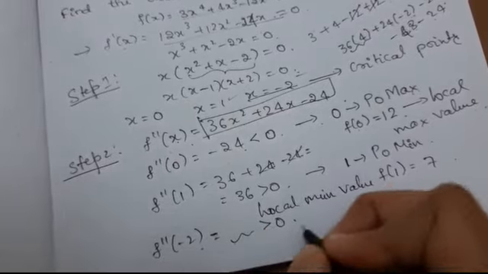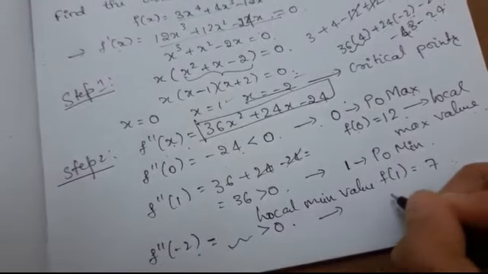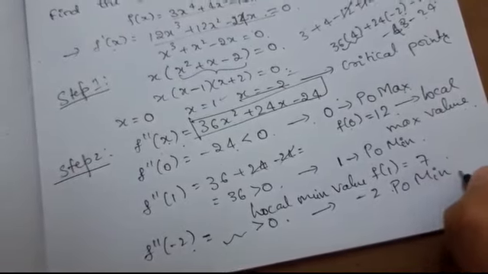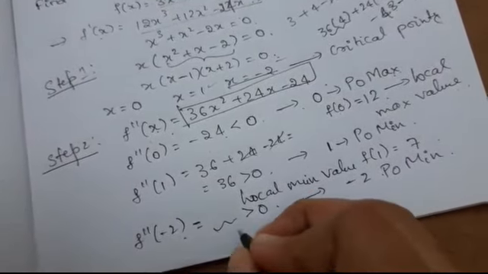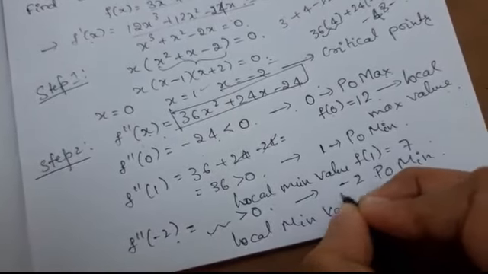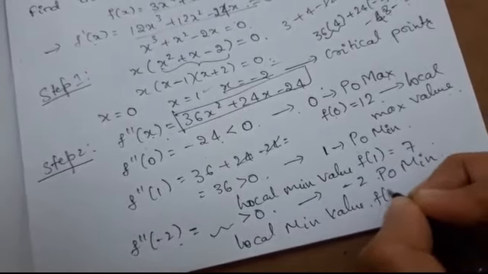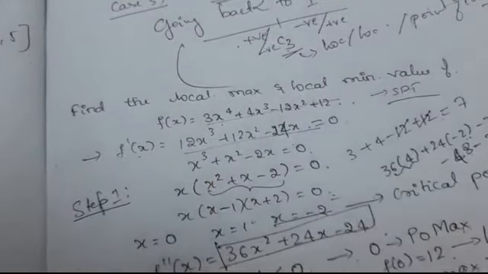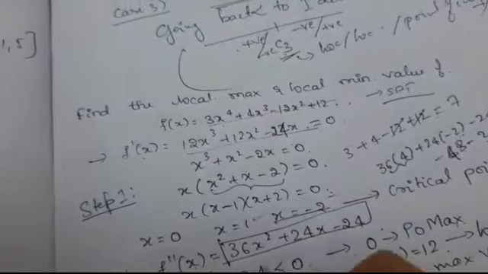So when f double dash of x is greater than 0, minus 2 is a point of minima. Point of minima means local minimum value. The local minimum value is found at f of minus 2. So substitute the value of minus 2 in this equation and you are going to get the value of f of minus 2.